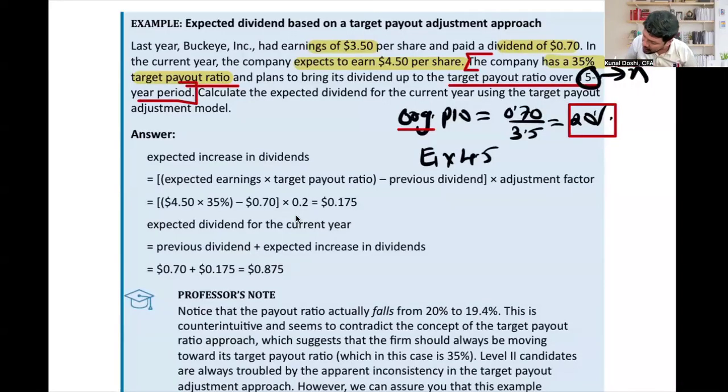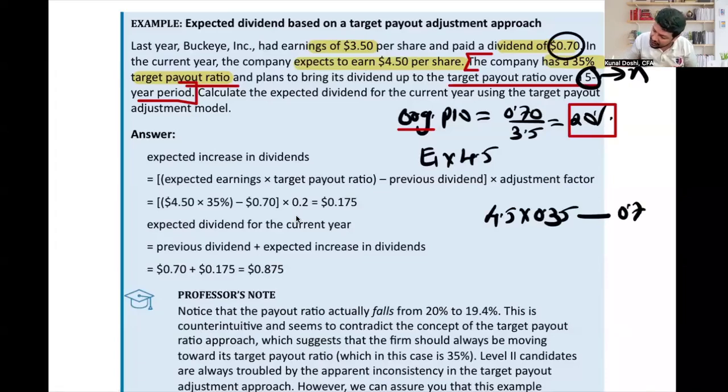So guys, my expected earning is 4.5. On this, the target payout ratio was supposed to be 0.35, but the recently paid dividend is 0.7. This difference, I want it to be adjusted over the 5 years. That is going to be my increase in the dividend.